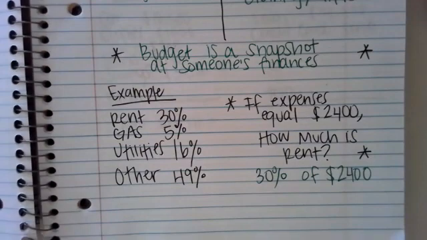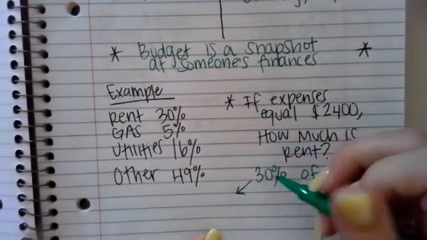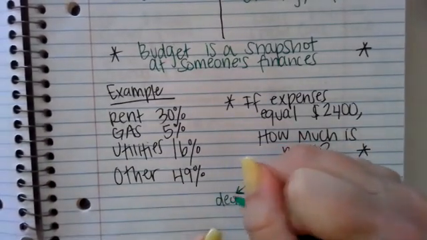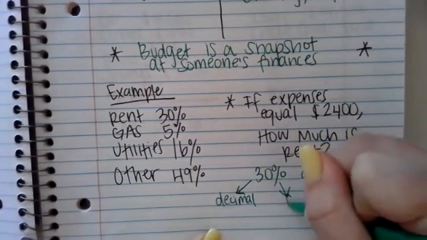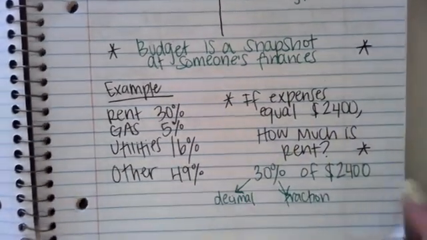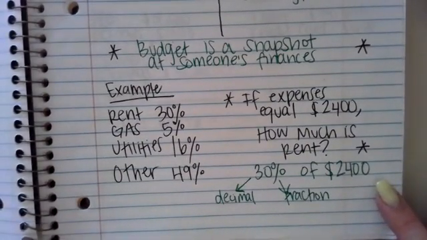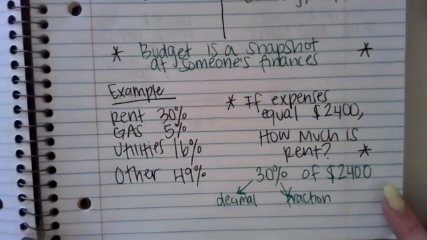So the way that we take percentage is we convert our percent to a decimal or a fraction. And then we're going to multiply by our total amount of expenses, to figure out what portion of it is considered for rent.